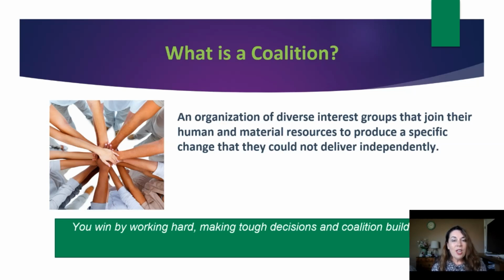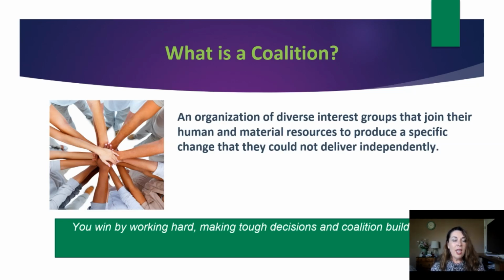When doing the work of patient advocacy across the globe, it's very evident that we must work in coalition. There's no way that any one of us can achieve the goals and ambitions of changing healthcare for hundreds of millions, if not billions, across the world.